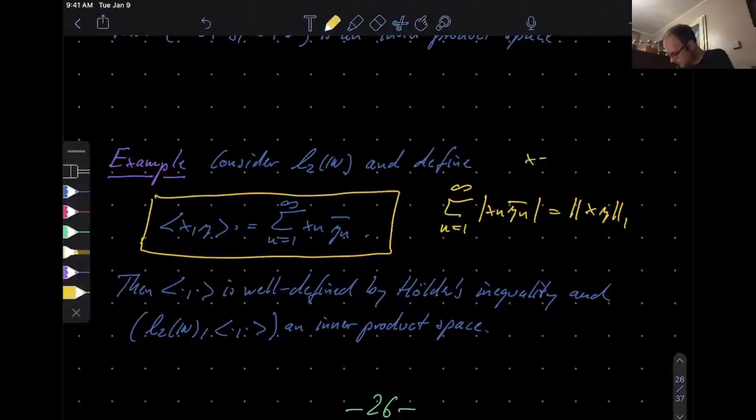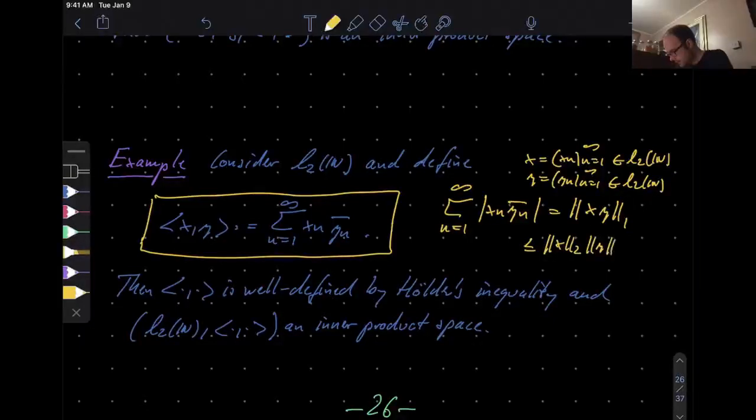So x is (xn) in l2 and y is (yn) in l2. Then this is the one norm of the product, and the Hölder inequality that we discussed in the other video tells you this here, and since x and y are in l2, this is finite. So this means this is really well defined on small l2.